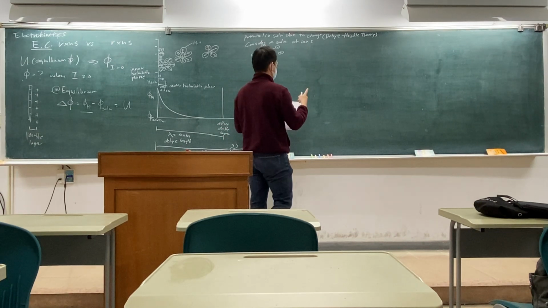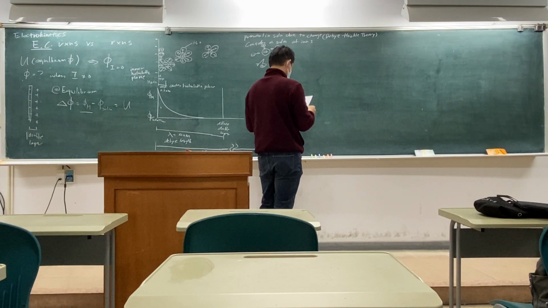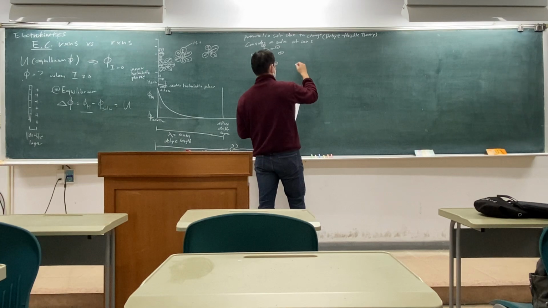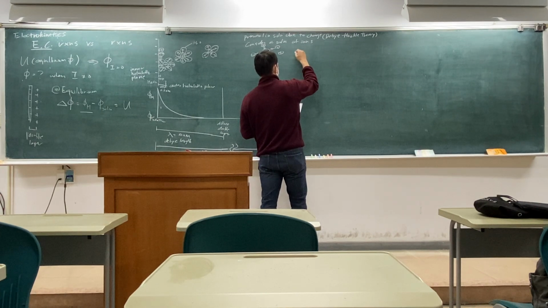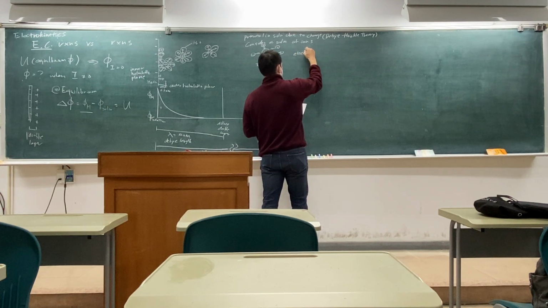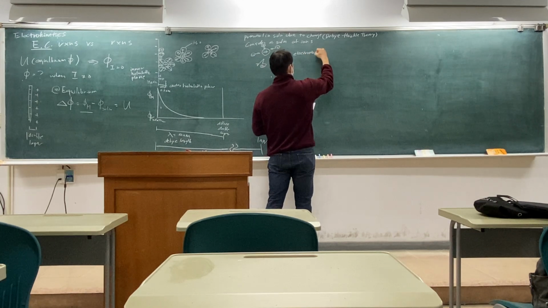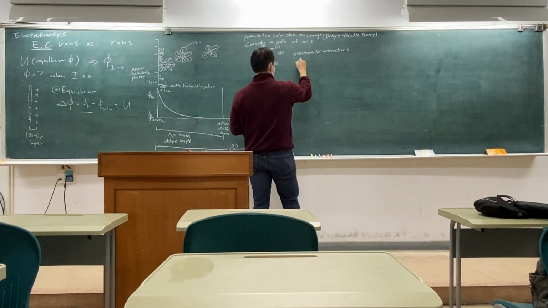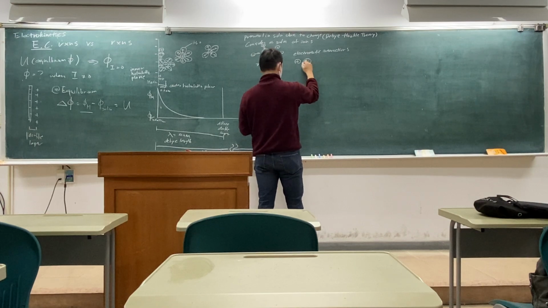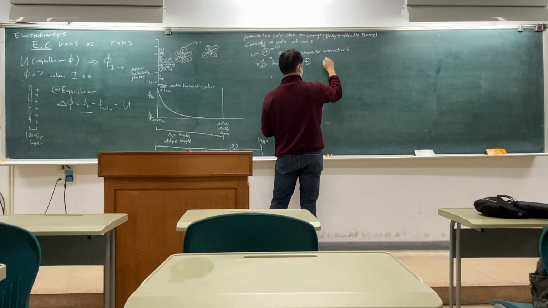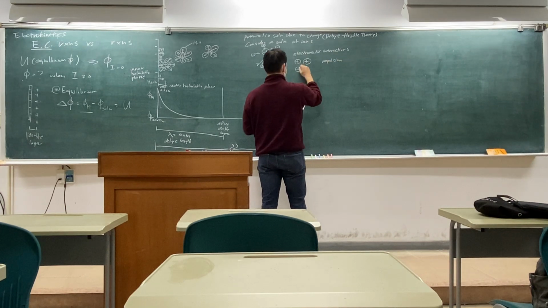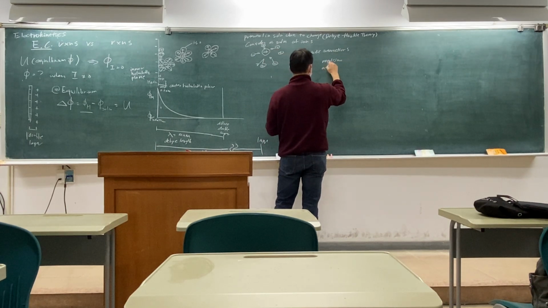So we have two types of electrostatic interactions. Okay? So we have positive, positive. This is repulsion. Right? And then we have negative and positive. This is attraction. Okay?